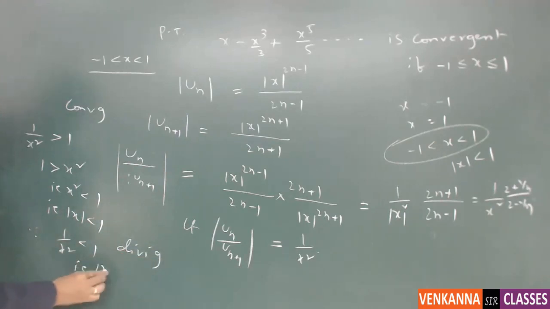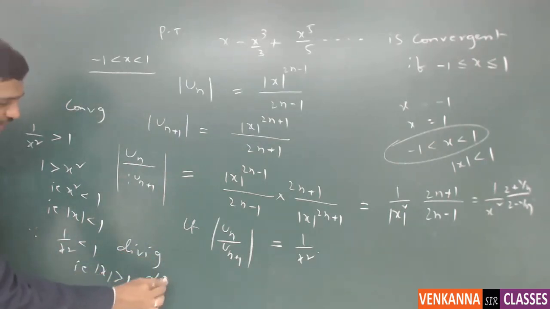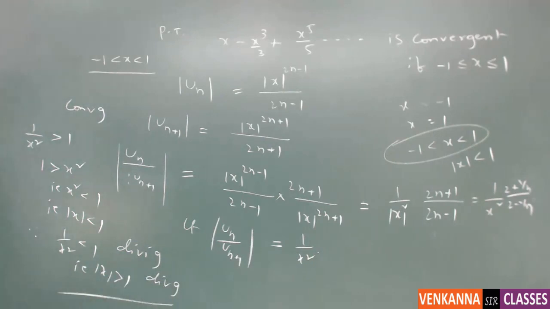That is, mod x is greater than 1, it is divergent. So this is the whole idea. This is one kind of previous year problem asked.